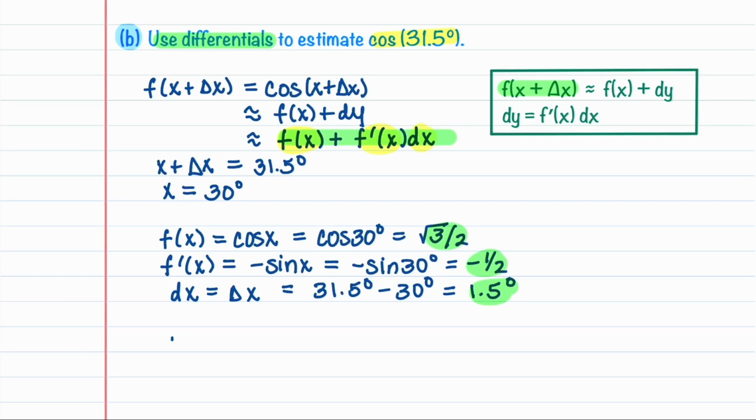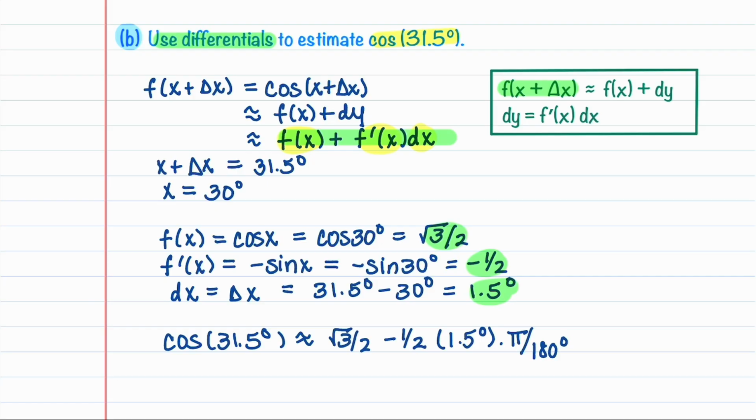So we can say that cosine of 31.5 degrees is approximately f of x, which is root 3 over 2, plus the derivative minus 1/2 times dx, which is 1.5 degrees. And then we need to convert degrees to radians, so we multiply by pi over 180 degrees. And we get the value 0.852935. And that, of course, is the same value that we got when we used linearization.